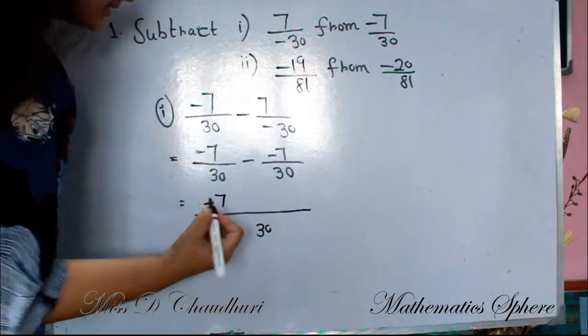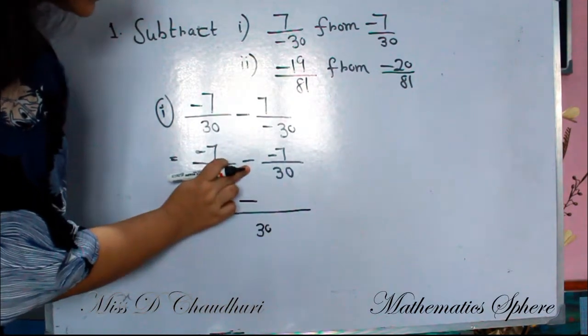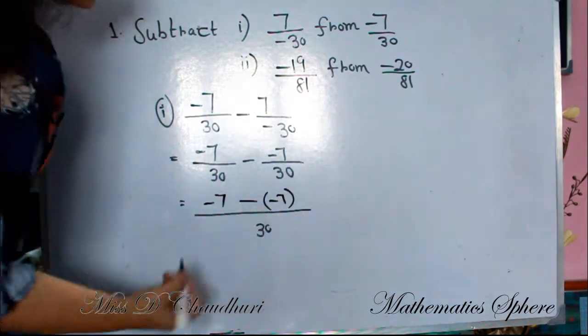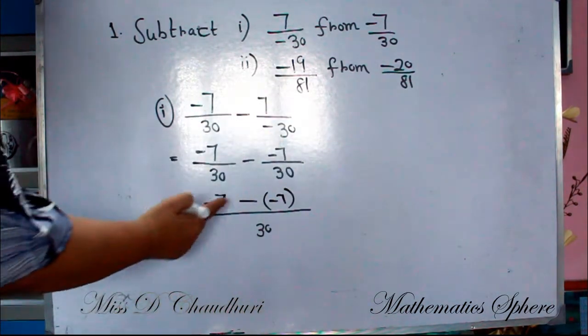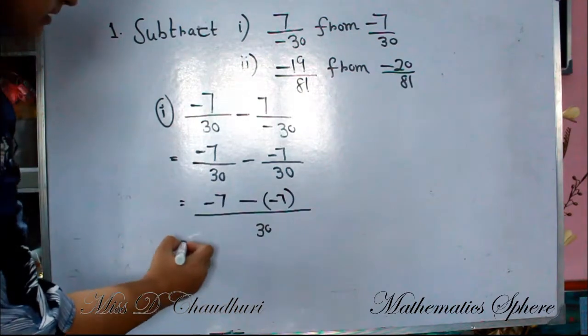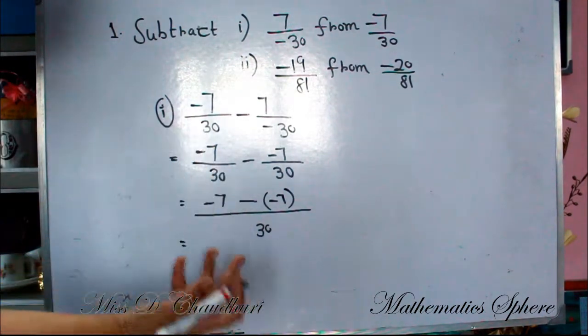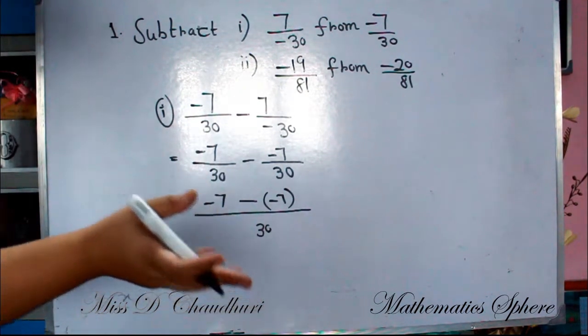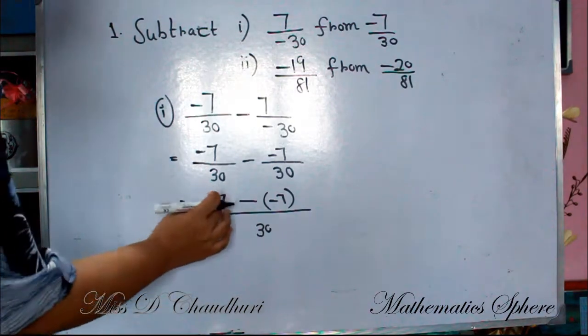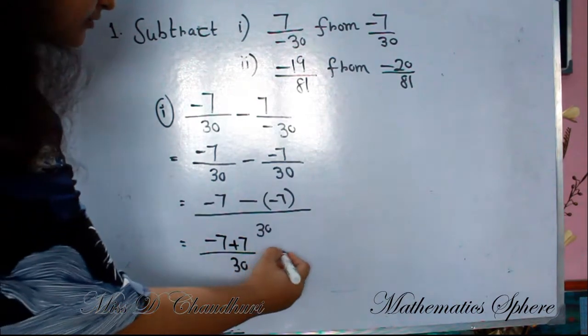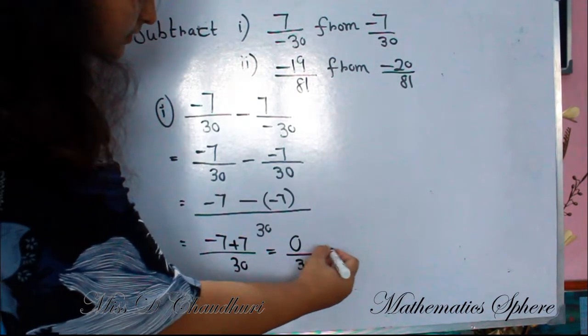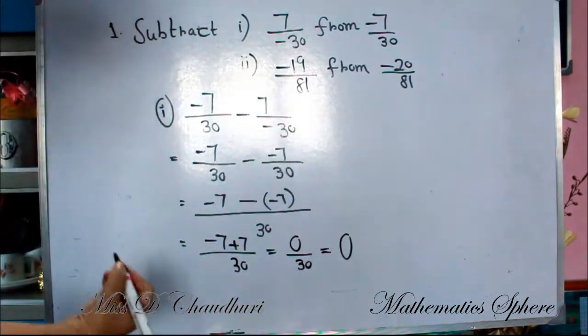So this is minus 7 minus, this is this minus, and this is minus 7. This is the only difference between addition and subtraction, so one extra step we will have to do. This minus and minus ultimately will become plus, as we have already studied in integers. Means this is a combination of integer and fraction, nothing else. See, so minus 7 plus 7 divided by 30. Ultimately we are going to get 0 by 30. So that is 0. Your answer is going to be 0.